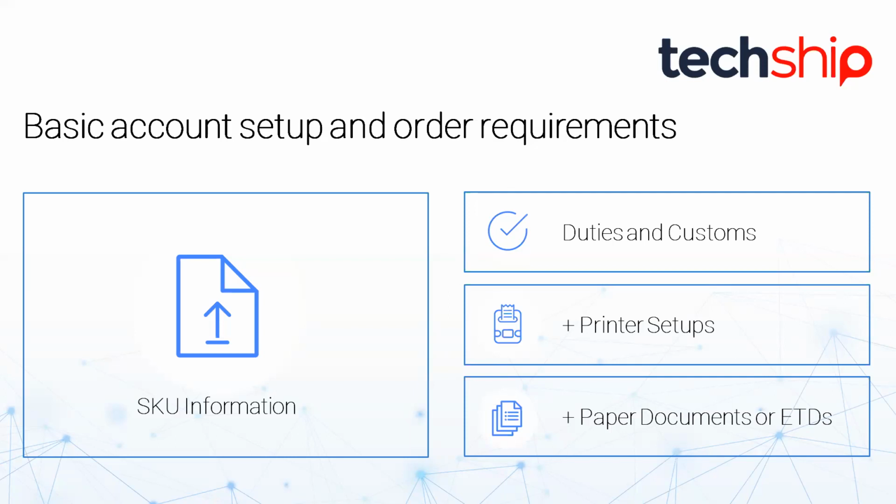First of all is the SKU information. This is a critical part of it because even if you have all the configurations set up at the client and billing account level, if your orders are missing SKU information, the carriers will not process your order because you might be missing relevant information for customs declarations and a couple more things.